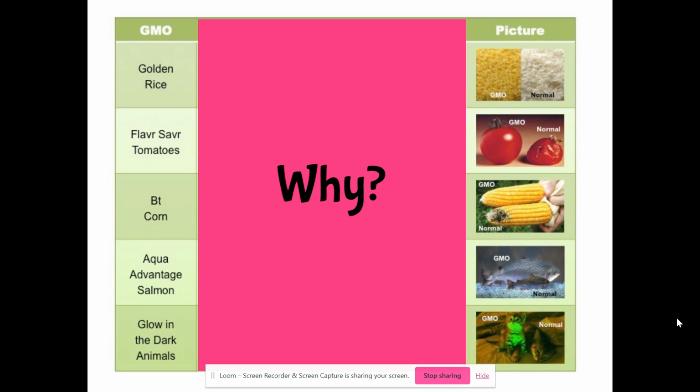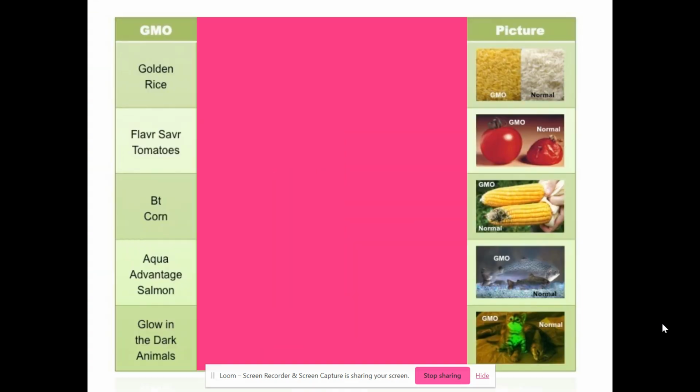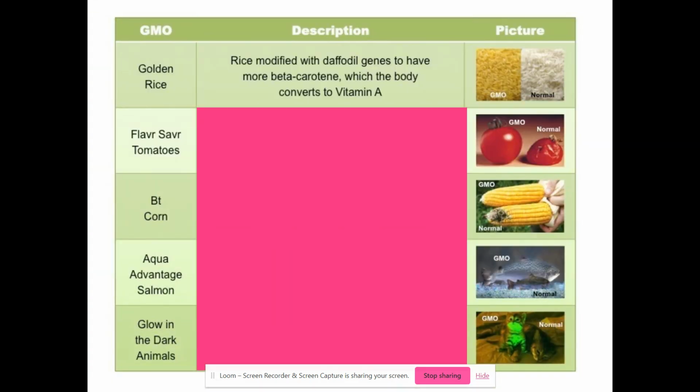So why? Why in the world would you want to do any of these things? Well, we'll look at it for just a second. So the golden rice. Rice has been modified to produce vitamins. Now, rice we know is a staple for a lot of the world. It is a food staple.